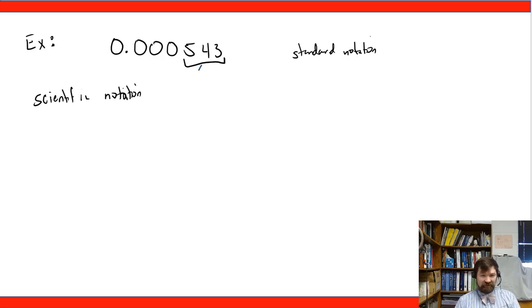So these numbers have to be converted to 5.43. And to do that, I have to move this decimal place 1, 2, 3, 4 spots. So I have 1 move, 2 moves, 3 moves, 4 moves. So that is times 10 to the negative 4, since I had to move the decimal to the right instead of to the left.